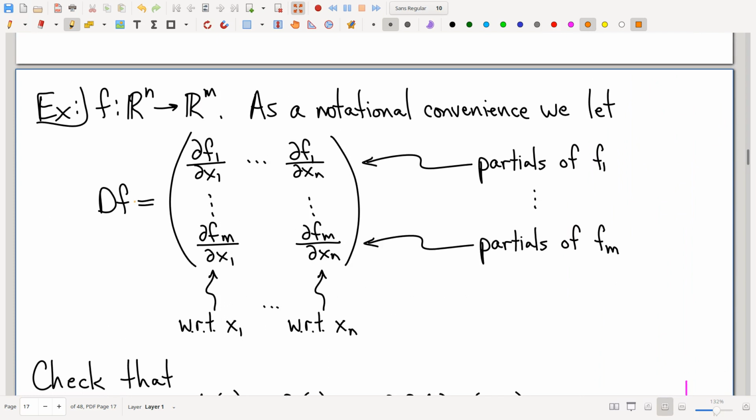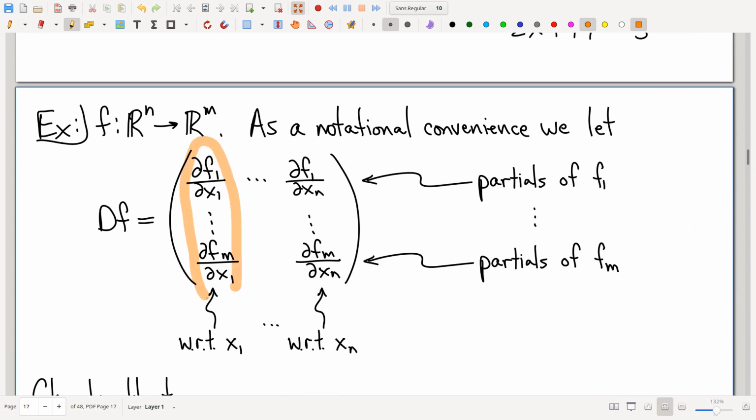So if you were to ask what would be the partial derivative of the vector valued function f with respect to x1, you would get exactly that list of coordinates, exactly that vector. So that's just a quickie observation.